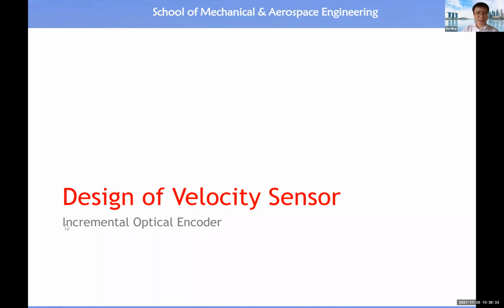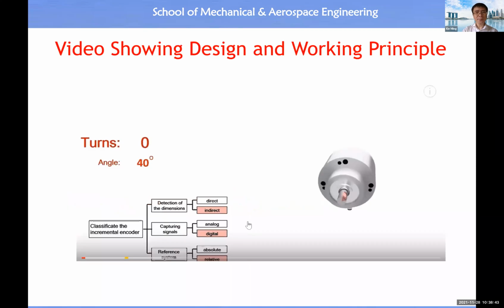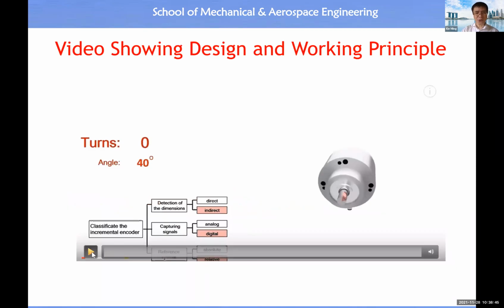This one is very popular in the robotics industry. We call it an incremental optical encoder. So basically it's a velocity sensor. And this video shows you the working principle of the incremental optical encoder.